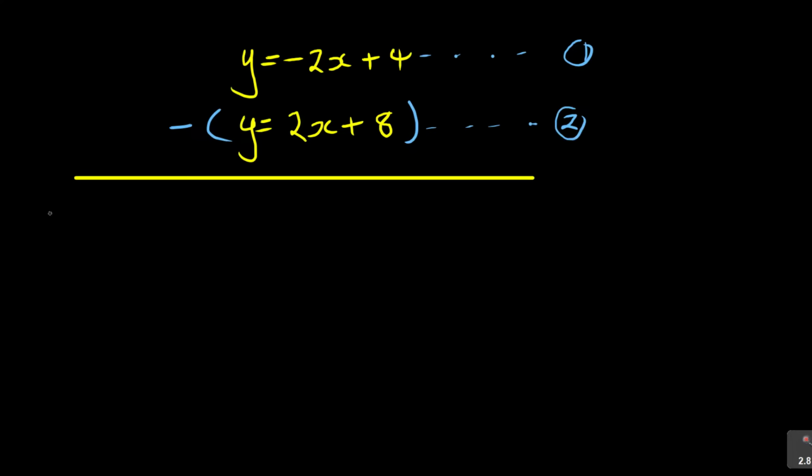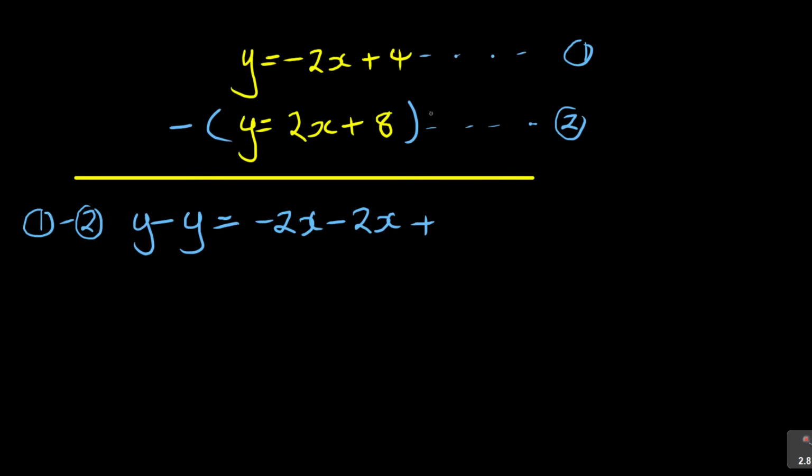So you're saying equation 1 minus equation 2. So it will be y minus y is equal to -2x minus 2x plus 4 minus 8.